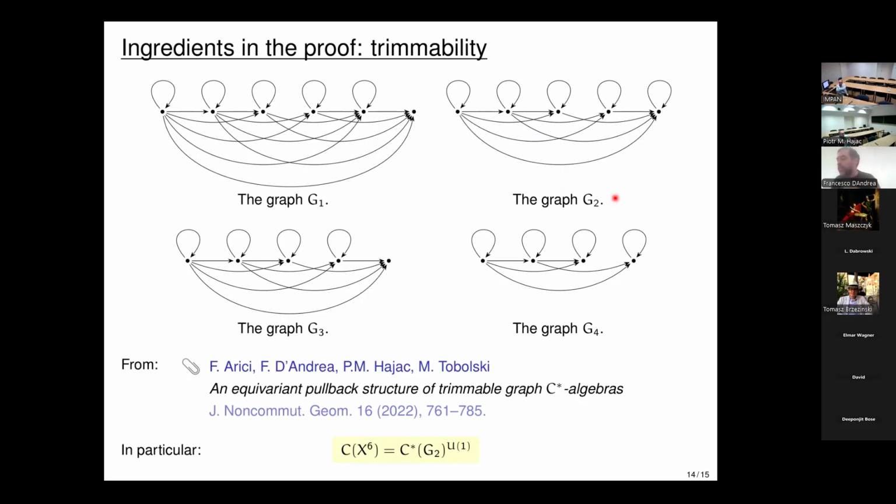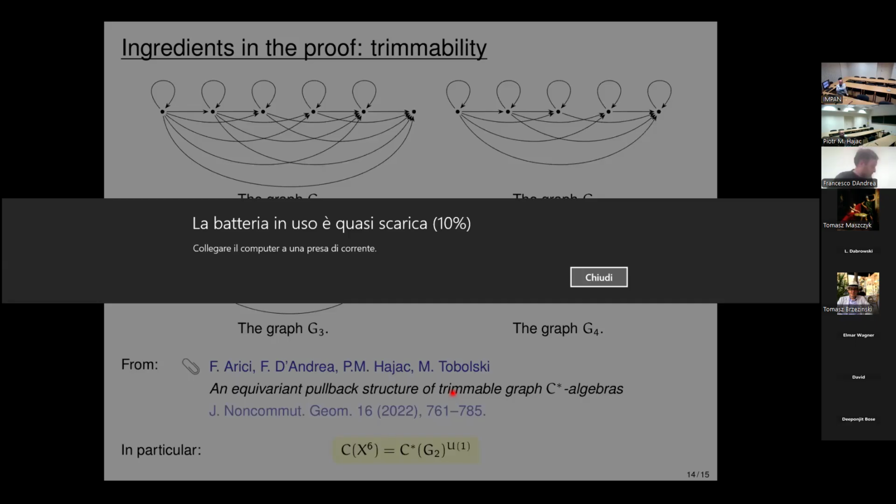So here, for this decomposition, the only thing that we use, in fact, is this theorem about trimmable graph C*-algebras. This is why I like this presentation. Oh, sorry, one second. It is not working. So let me attach this here and see if this is working. Sorry, one second.